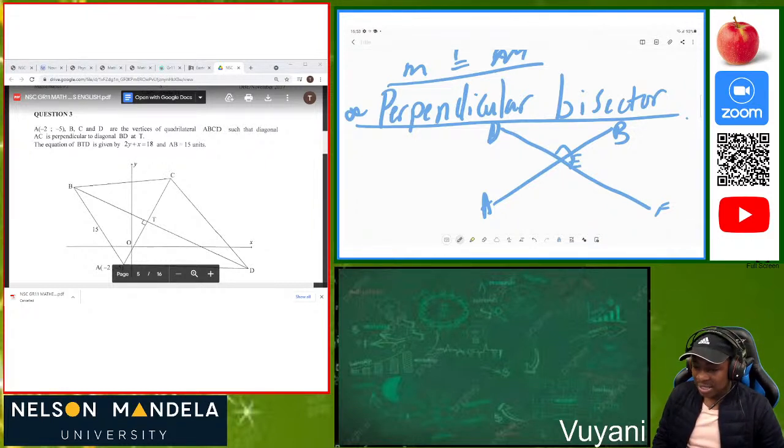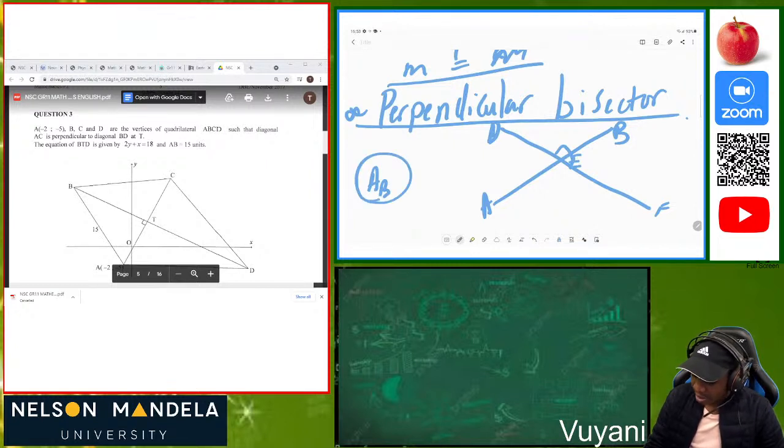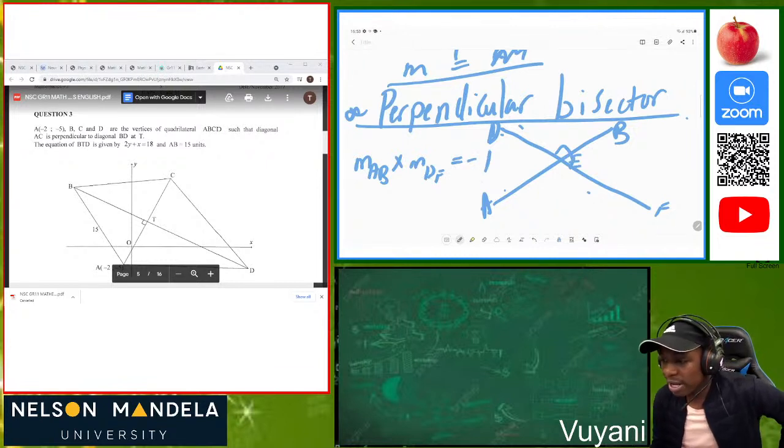So in other words, this line AB, if it's positive, the perpendicular bisector is always this one. So when you multiply the gradient of AB times the gradient of its perpendicular bisector, which is DF, it always has to give you -1.